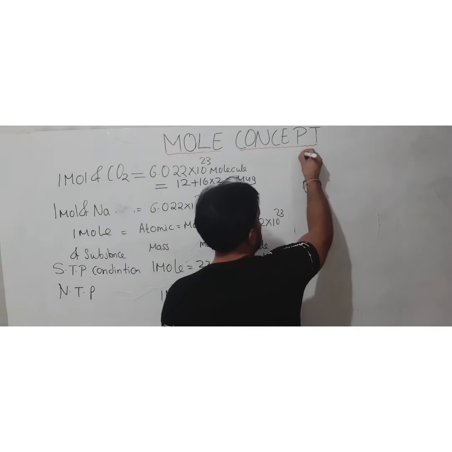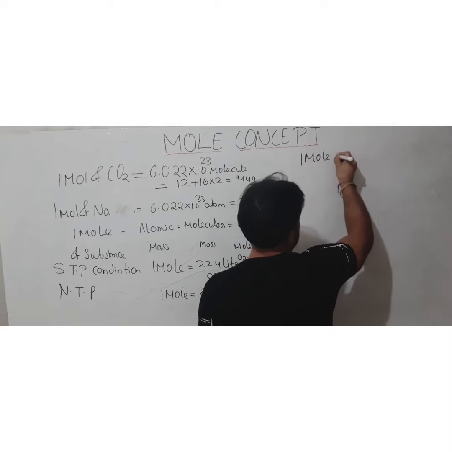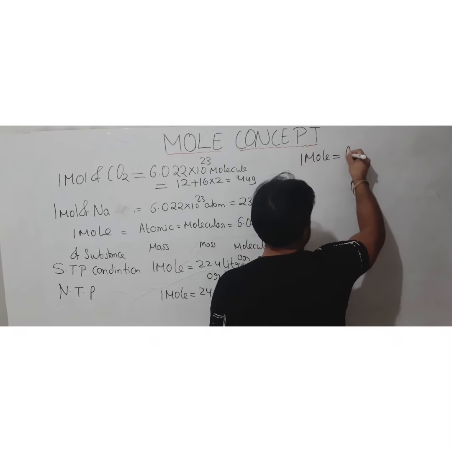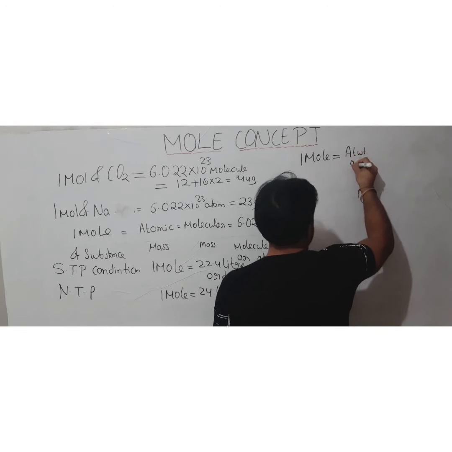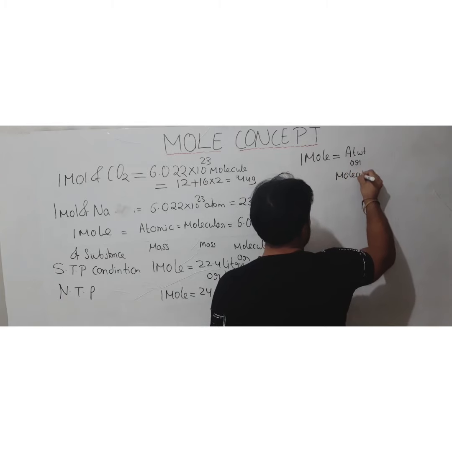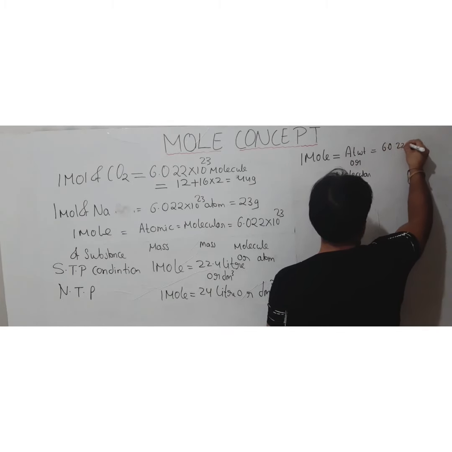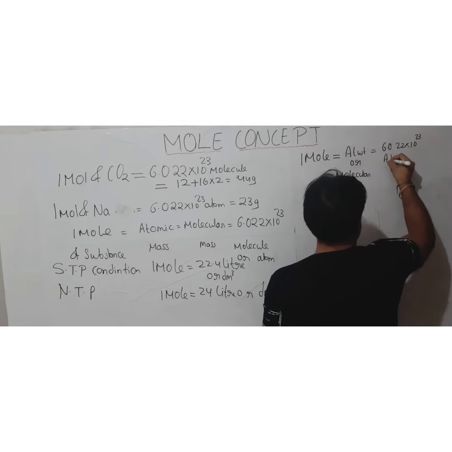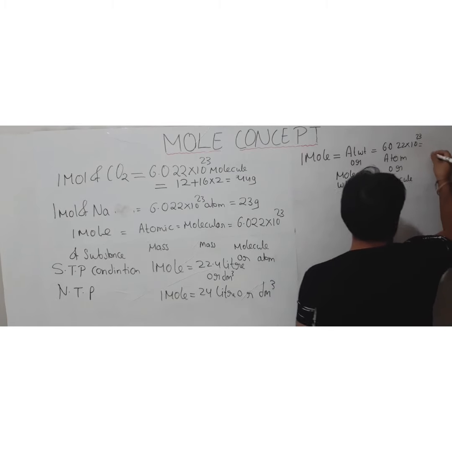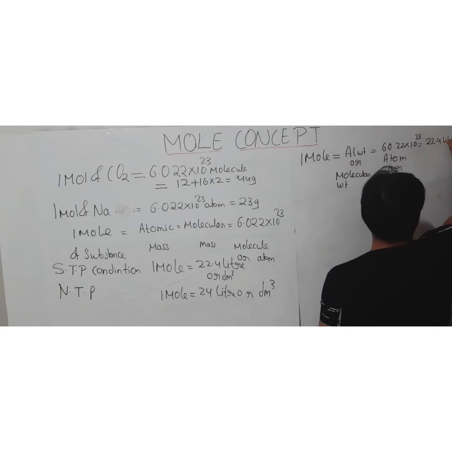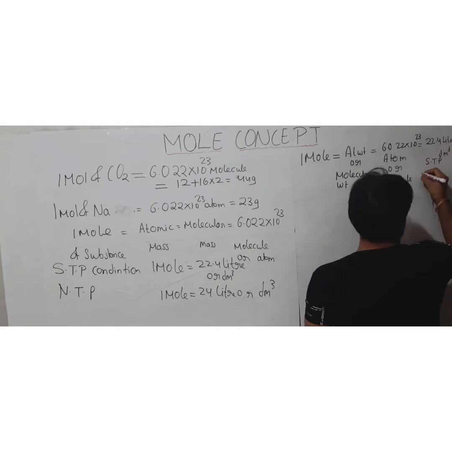So finally we conclude that 1 mole of a chemical substance will be equivalent to its atomic weight or molecular weight, or equivalent to 6.022 into 10 raised to power 23 atoms if it is an atom, or molecules, and is equivalent to 22.4 liter or dm cube under STP condition, or 24 liter or dm cube under NTP conditions.